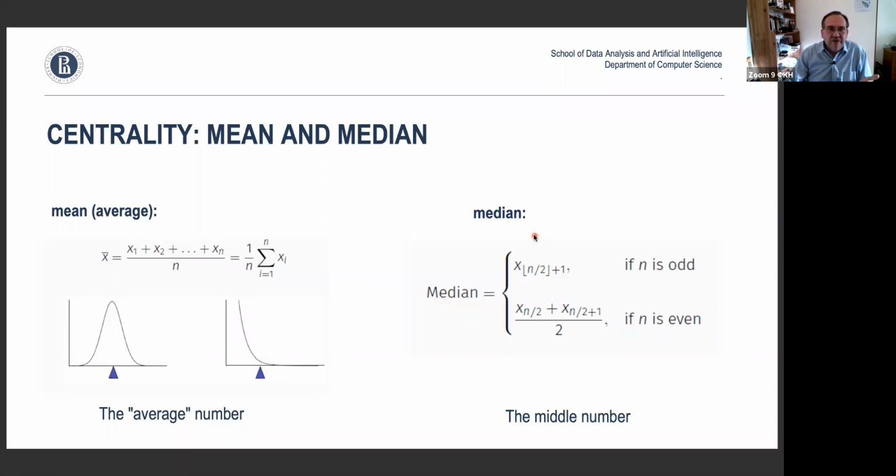mean is something everybody uses, but in fact, median is a much, much better and much more stable metric. Now, I just want to remind you what the median is. The median is, if you take your data set, you order it, and then you pick the middle number, the number that splits it into two parts, right?